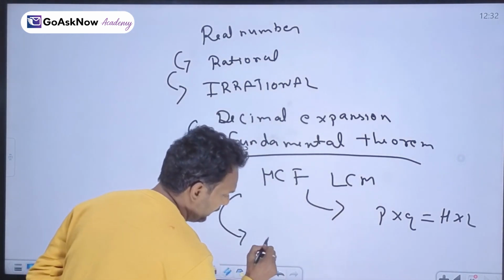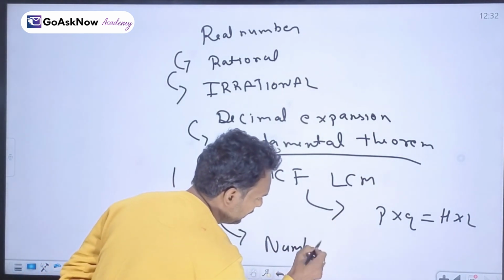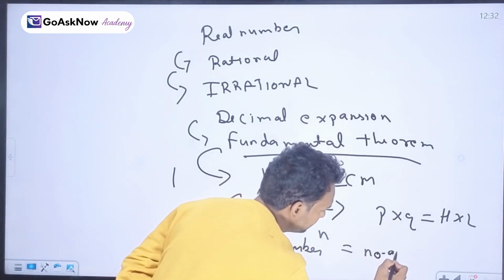After that, a number raised to the power n, and the number of zeros.